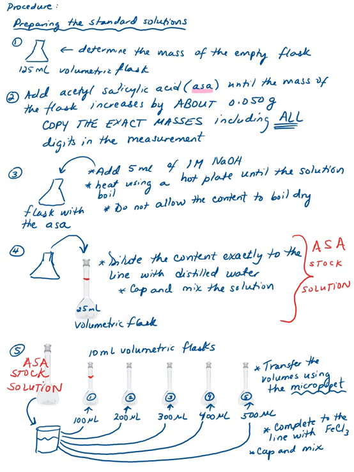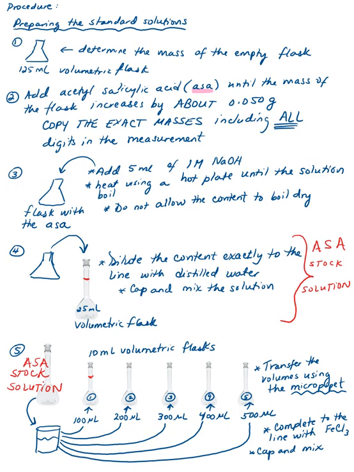When you're close to that line, you're going to use a medicine dropper to add the iron chloride solution drop by drop until the meniscus is at the line of your volumetric flask. Cap your volumetric flask and mix your solutions to make sure that they are homogeneous, that everything is mixed through.